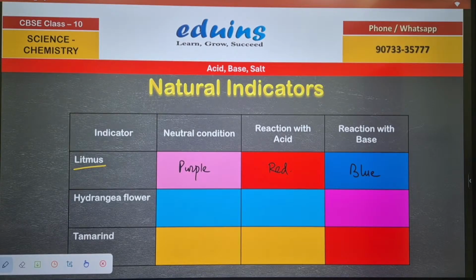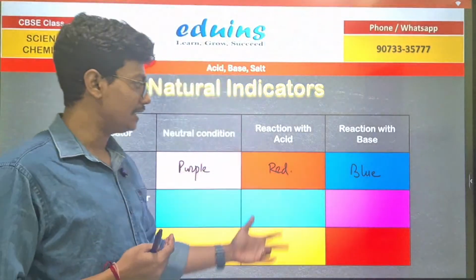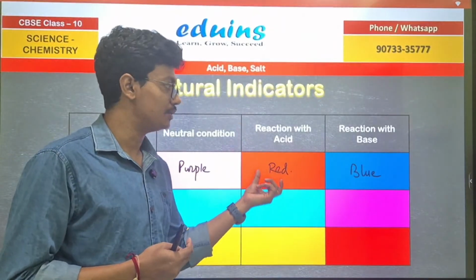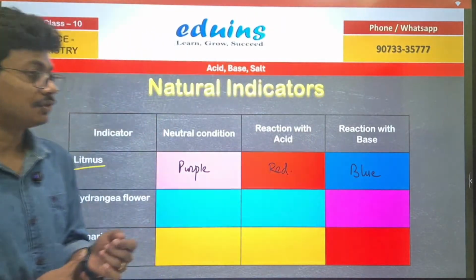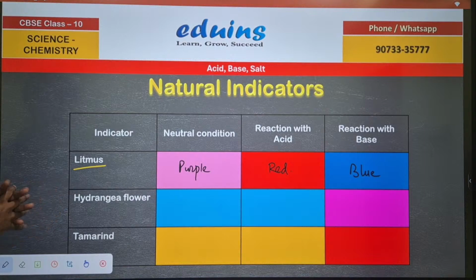So first one, litmus, is purple in neutral condition. In acidic medium it changes its color into red, and in basic medium it changes its color into blue.